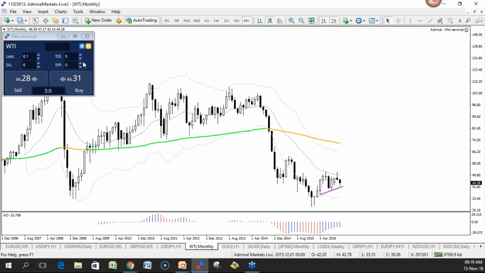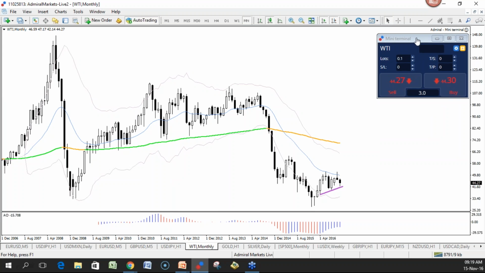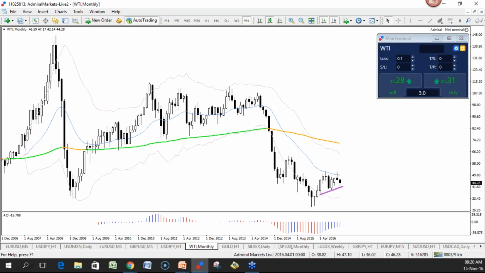So the bigger context is, about a year ago we had this low, and we've been bouncing ever since. But I think that this is still a good chance. This is a pullback for one more push lower.